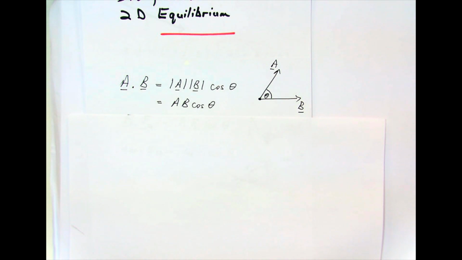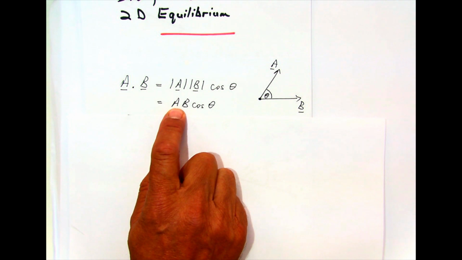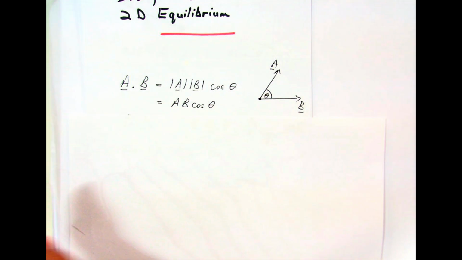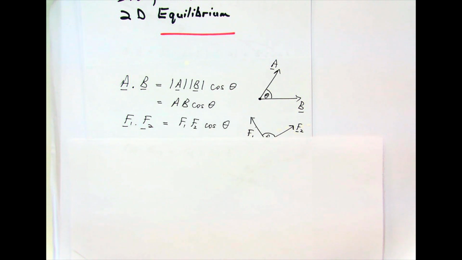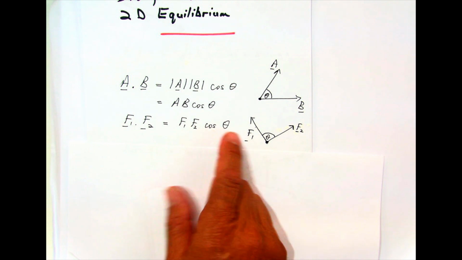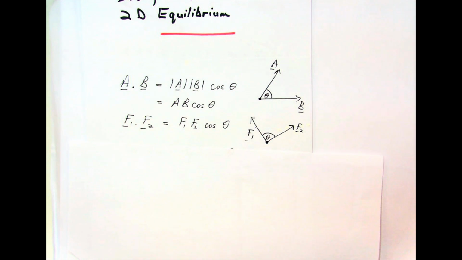A is the magnitude of the vector A, and B is the magnitude of the vector B. Now A and B can be any two vectors. It can be like two forces. You want to find the angle between two forces, and it's the magnitude of the one and the magnitude of the other and the cos of the angle between the two. That is your dot product.